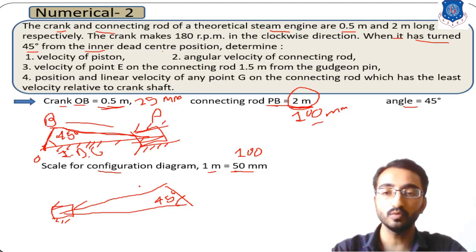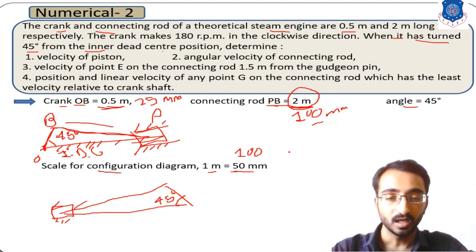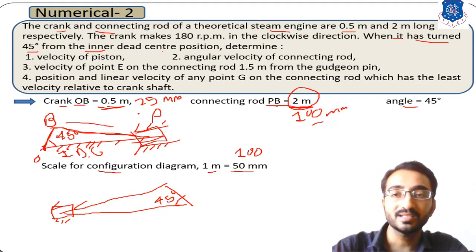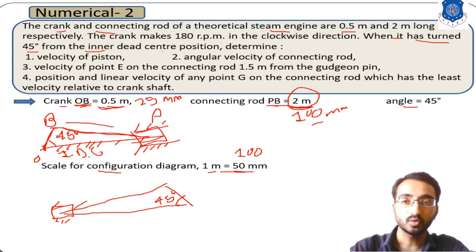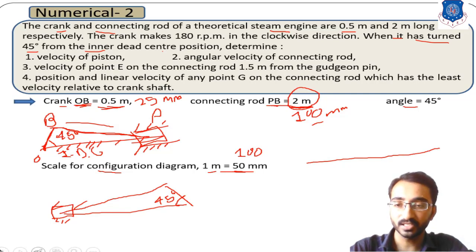So how will you sketch? First you have the configuration scale, that is 1 meter equal to 50 mm. Let's first sketch this crank OB, and to sketch this crank OB, let's consider this one as your fixation point.